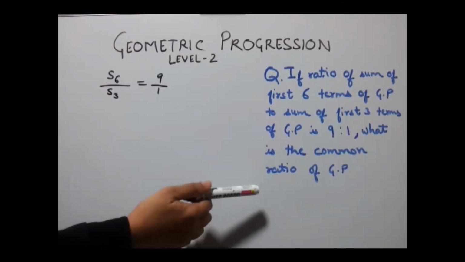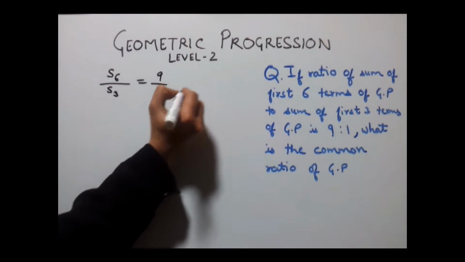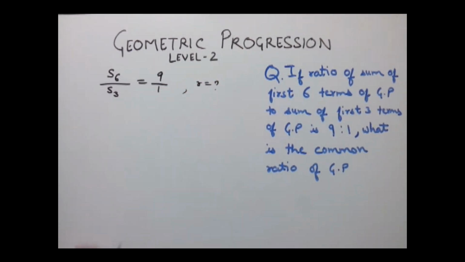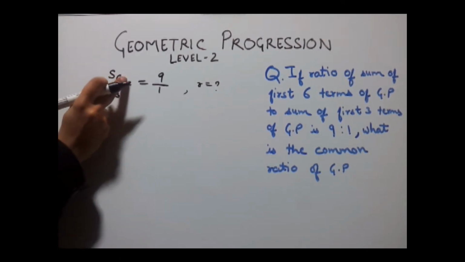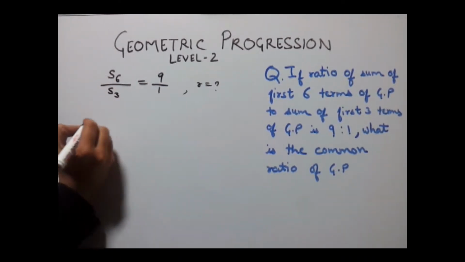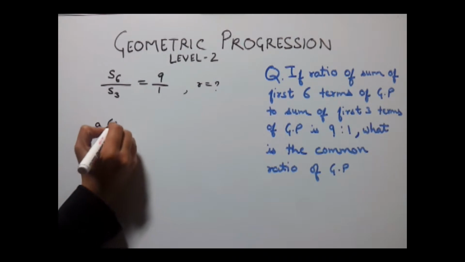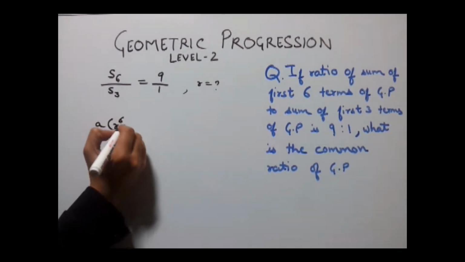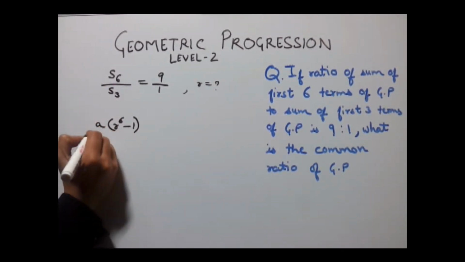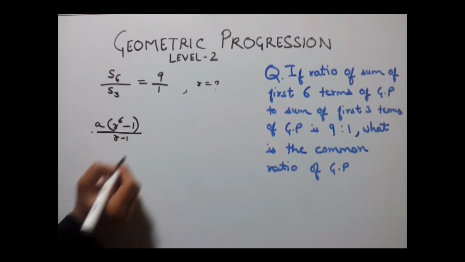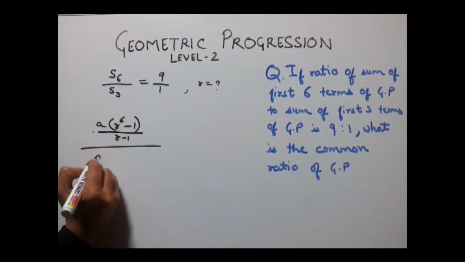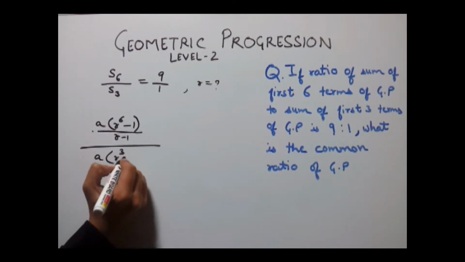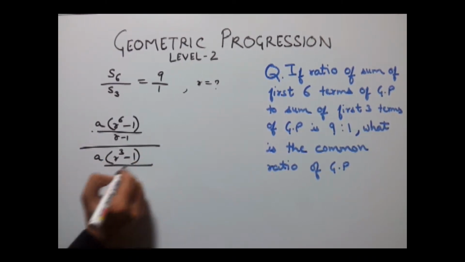Then find the common ratio of the GP, so we need to find the value of R. Putting the formula, the sum of 6 terms in a GP would be equal to A into R to the power 6 minus 1 upon R minus 1. Similarly, the formula for the sum of 3 terms would be A into R to the power 3 minus 1 upon R minus 1.